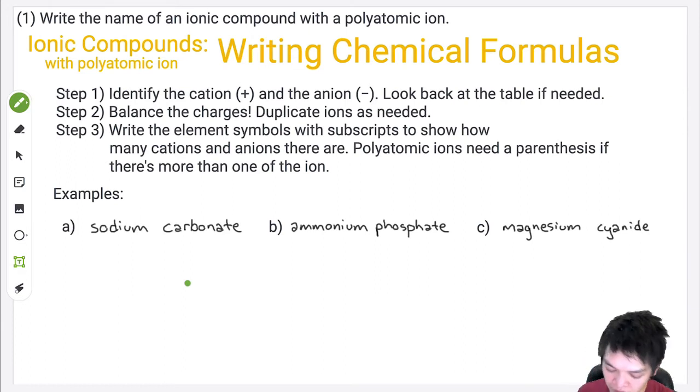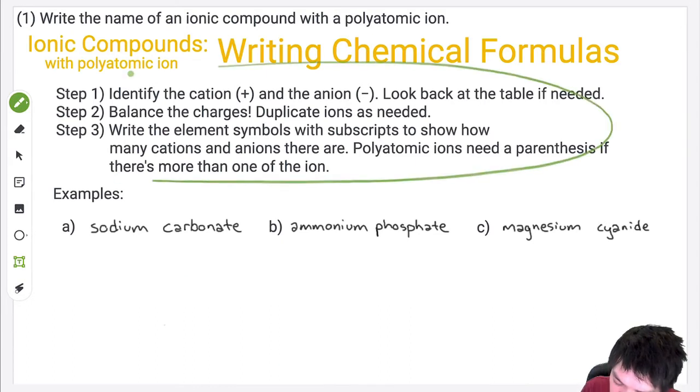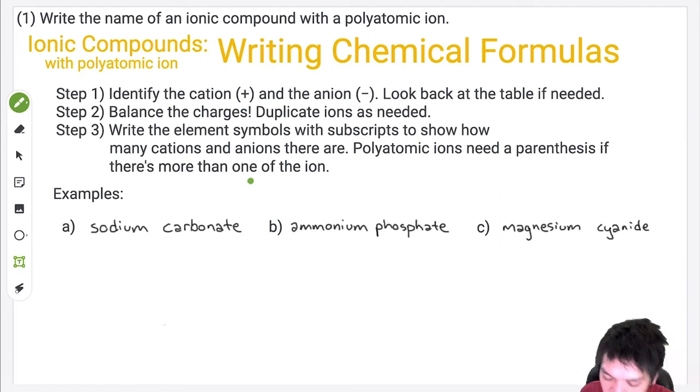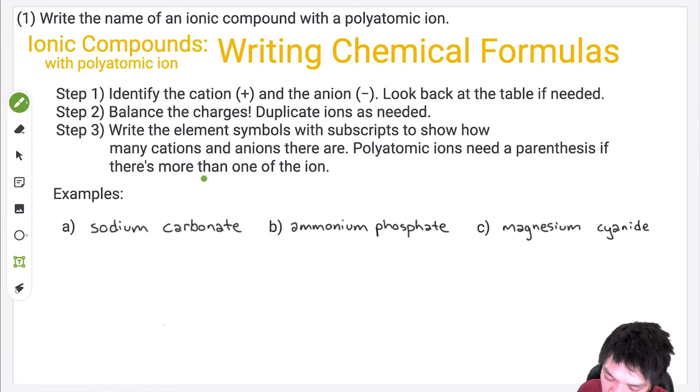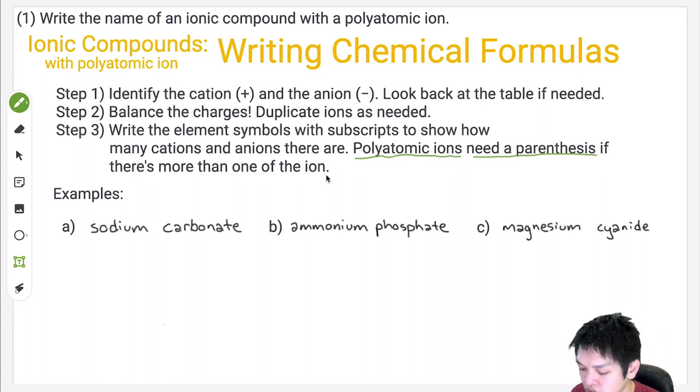It's almost the same as the previous two practices with the monatomic ions and with the transition metals. The only difference is step 3. Polyatomic ions need a parentheses if there's more than one of the ion. I'll show you what that means when we arrive at that example.